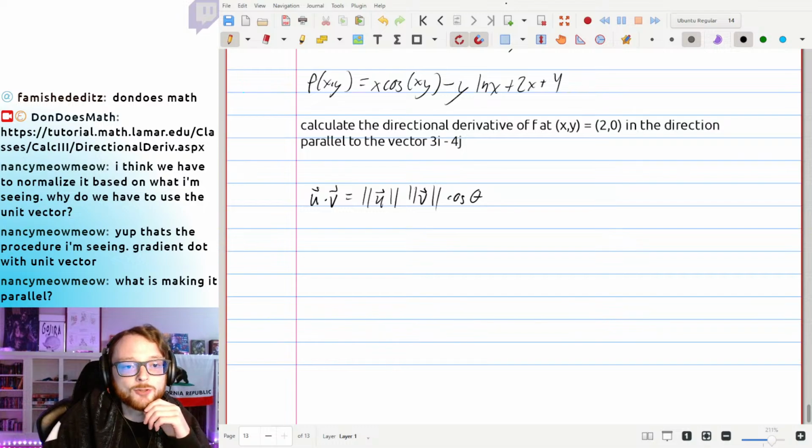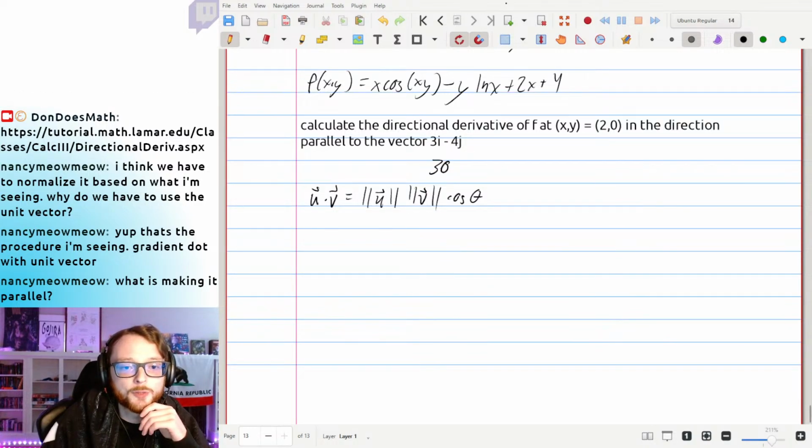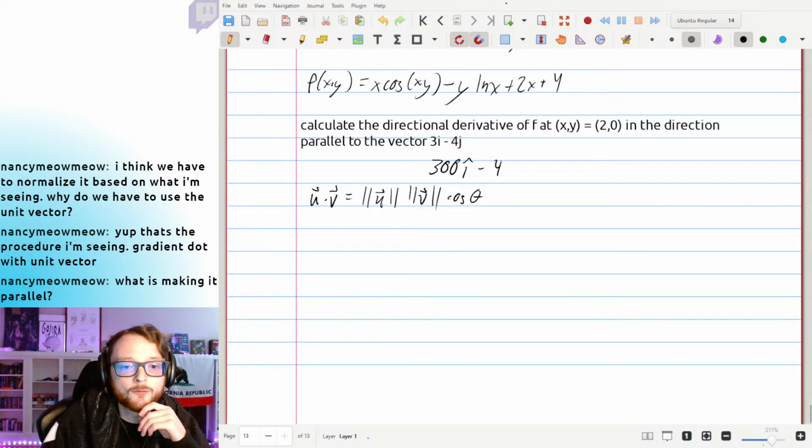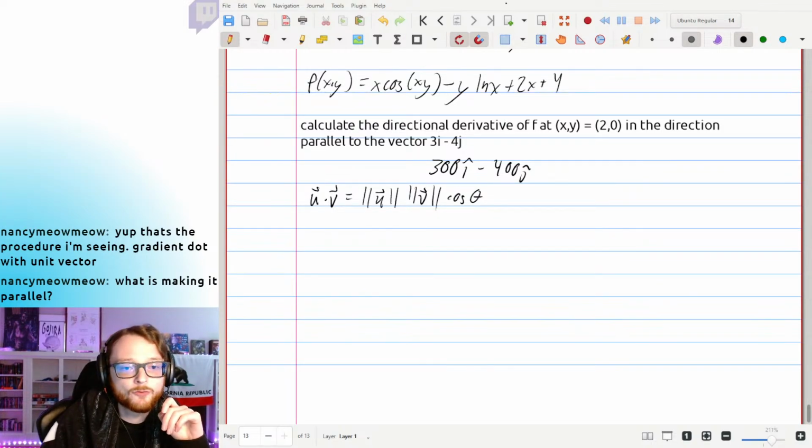We want the directional derivative of the function just in a certain direction. And the issue is that you could scale this vector up or down and get different results depending on how big it's scaled. Like if I made this vector instead 300i minus 400j, the directional derivative is going to look huge because it's in the same direction, but it's scaled way up. So to standardize everything, we make it all unit vectors.